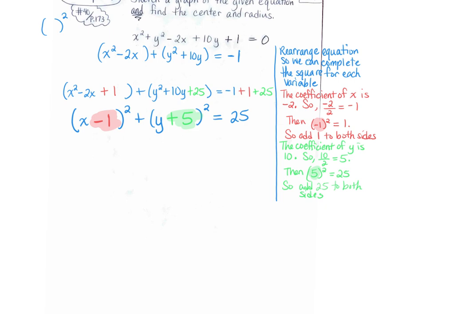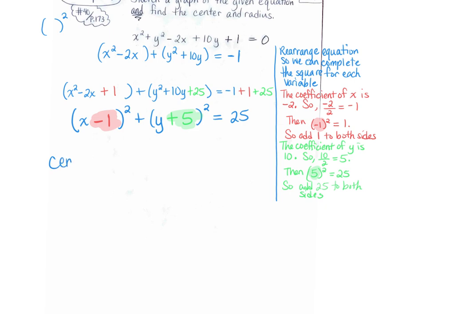Notice that when we completed the square, we ended up with standard form. So what can you tell me? What's H and K? Why are we finding H and K? Because that's going to give us our center.